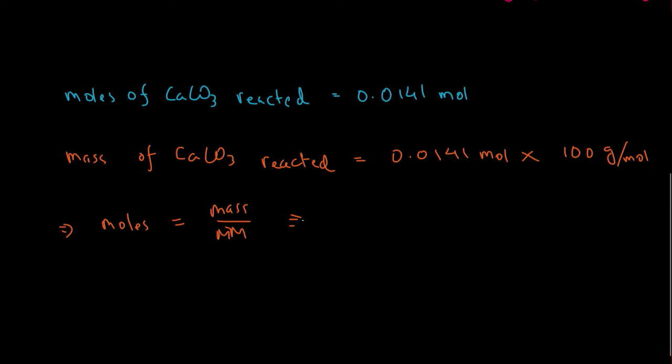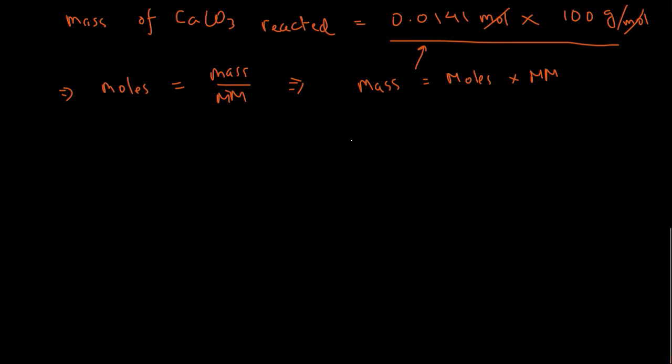So if we rearrange that, mass is going to be moles times molar mass. So we're just doing this here. So the moles are going to cancel out, and we're going to be left with just grams of CaCO3, which is going to be equal to 1.41 grams. So 1.41 grams of CaCO3 reacted.